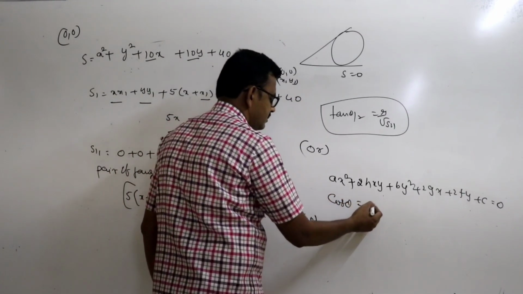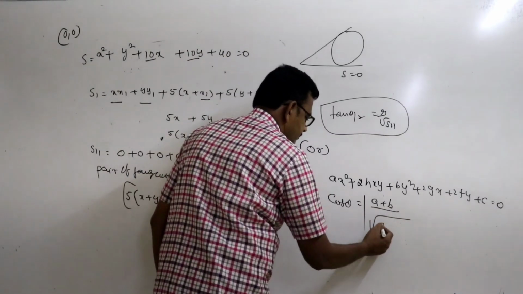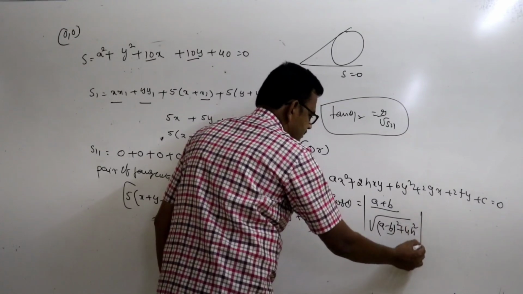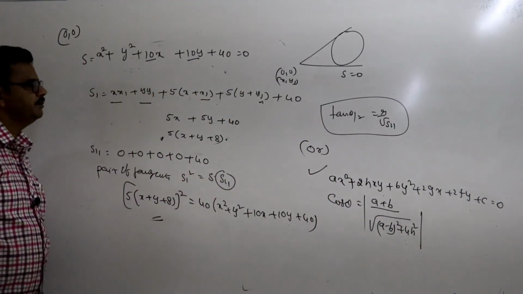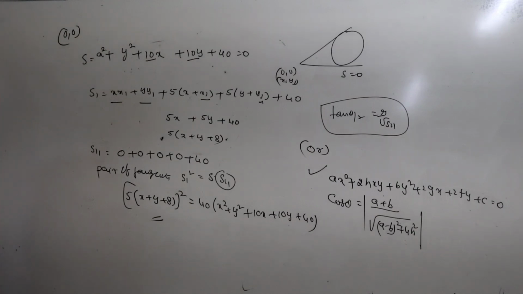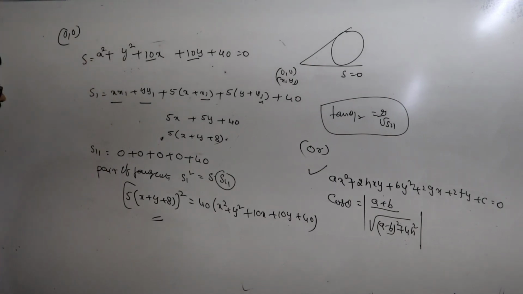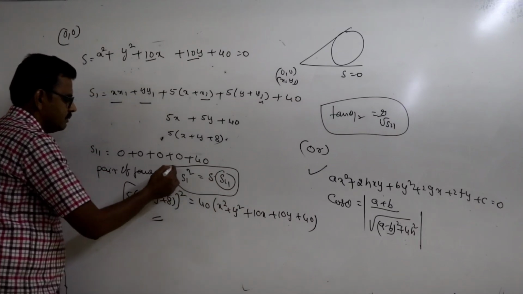Cos theta equal to (a plus b) by root of (a minus b) whole square plus 4h square. By using this also you can find the angle between the pair of lines. The combined equation of the pair of tangents is S1 square equal to S into S11.